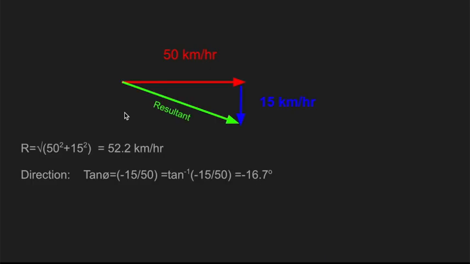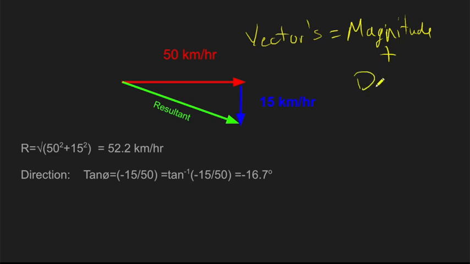All right, so here that is: the square root of 50 squared plus 15 squared is 52.2 kilometers an hour. But wait, that is not the final answer, because vectors have a magnitude, a value, a number, plus direction.